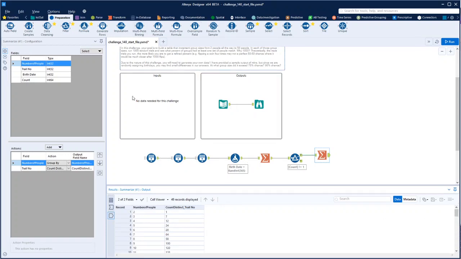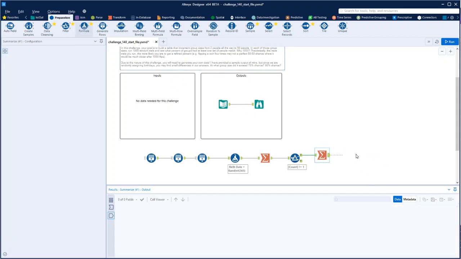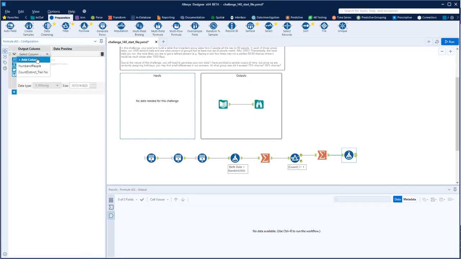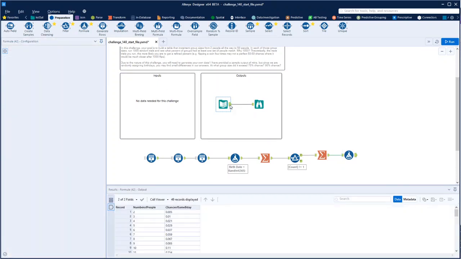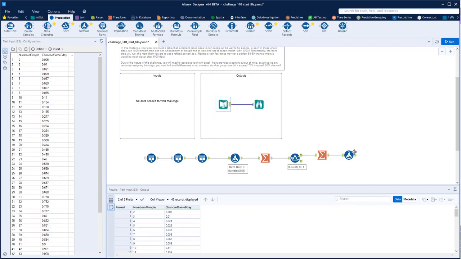So now we can get the probability out. This is the number out of 1,000. So we can get it as a percentage or probability by just taking that number and, so what do they call it here? They call it chance of same B day.